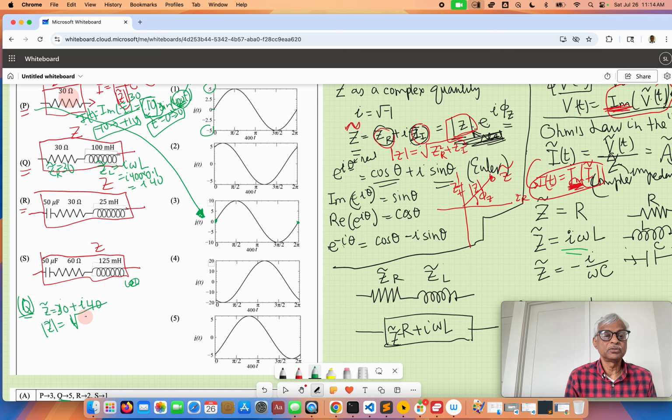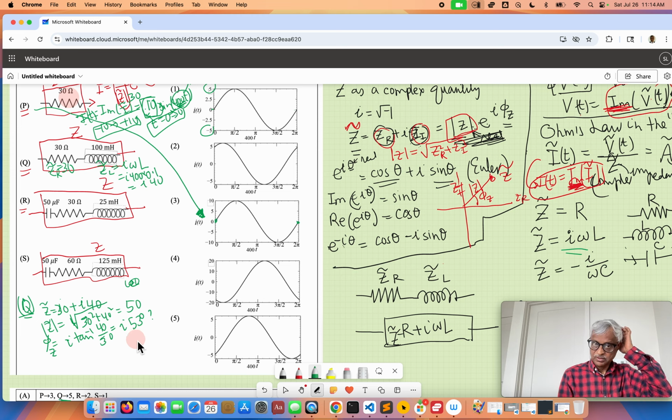Square root of 30 squared plus 40 squared is 50, and phi Z is going to be arctan of 40 over 30, which is 4/3, about 53 degrees or something like that.